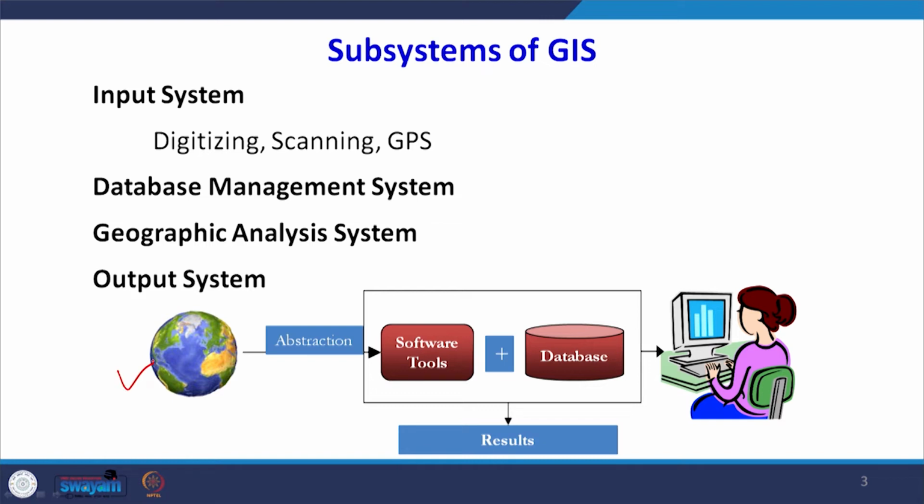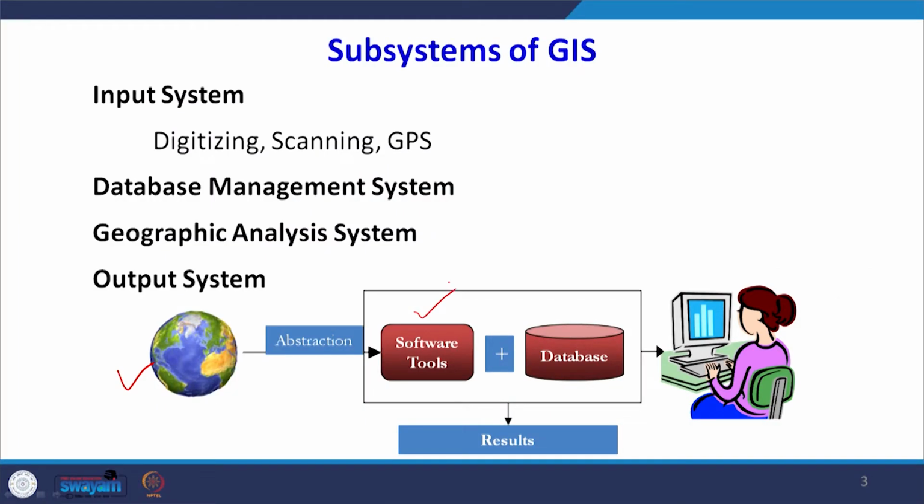We abstract the information, acquiring the data from the real world. Then there are some software tools, and with the help of those software tools, the data can be represented in the form of spatial maps and also tabular data. When we have a lot of tabular data, a database is required because you have to manage the entire data in the database.